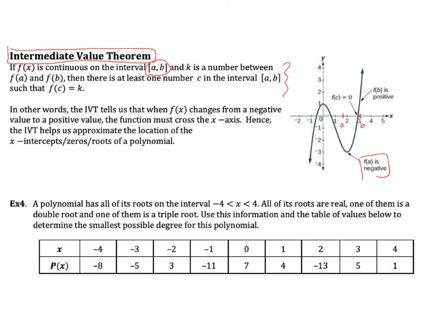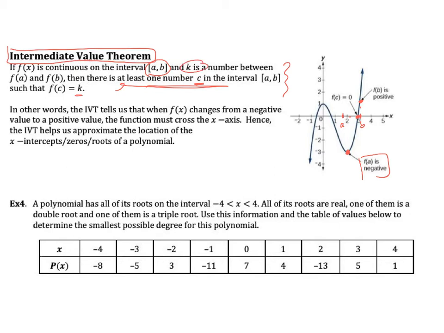So if the function is continuous between those two x values, and k is a number between the two y values, so my f of b is up here, my f of a is down here, then there's at least one x value in between that's going to equal that value k in between f of b and f of a.